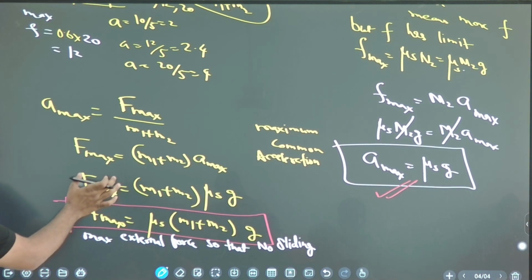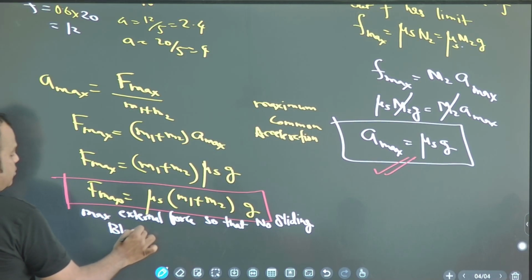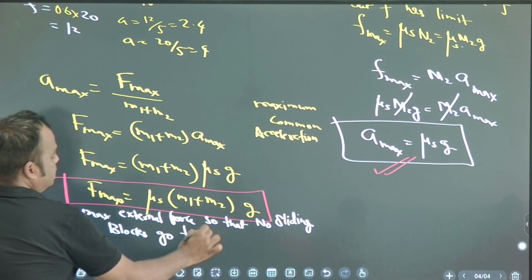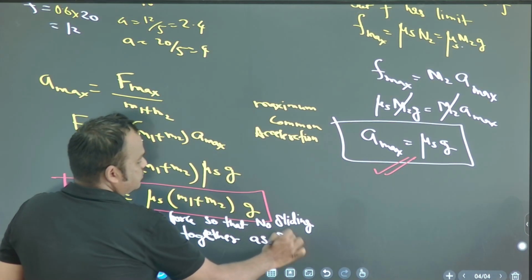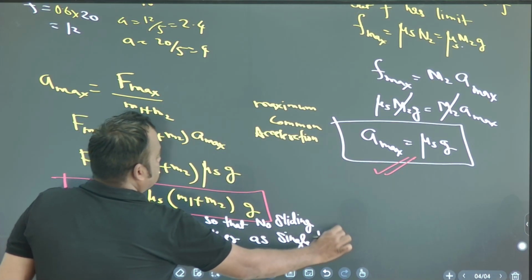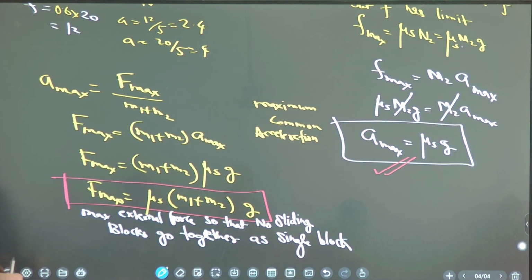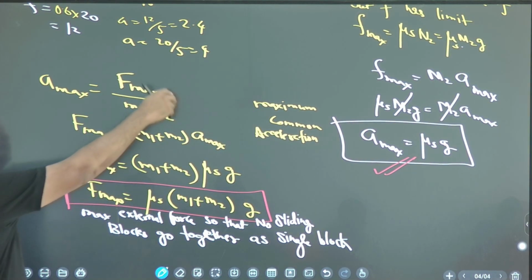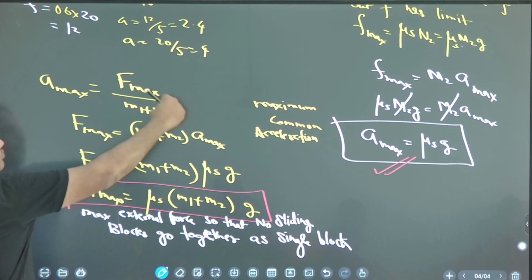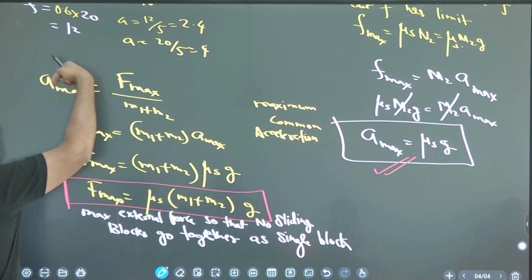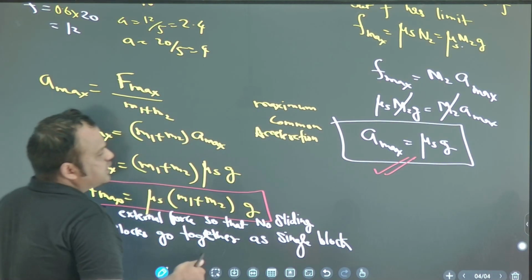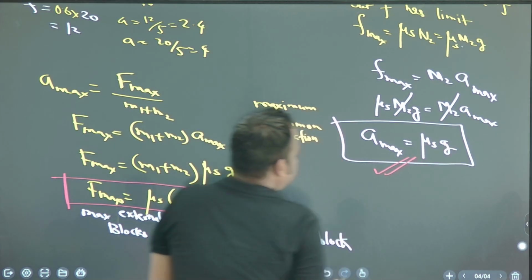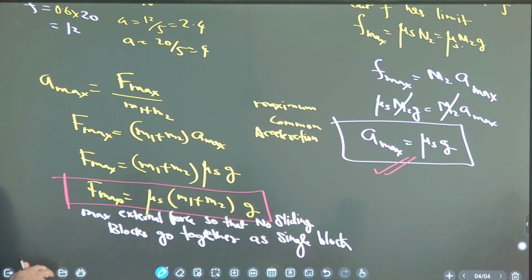Blocks go together as a single block. How many blocks here? 2 blocks. So what is the common acceleration? Force upon m1 plus m2. Maximum acceleration is F max by m1 plus m2. So F max is m1 plus m2 into A max, and A max is mu s g. So this is the formula. Okay, clear?